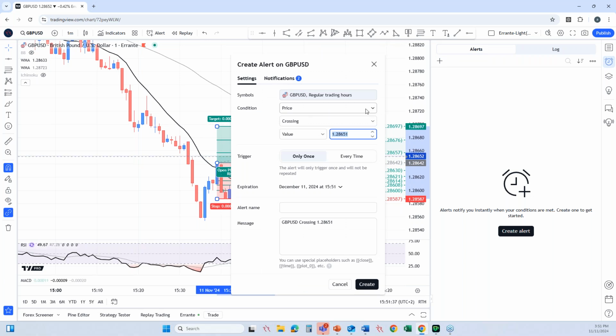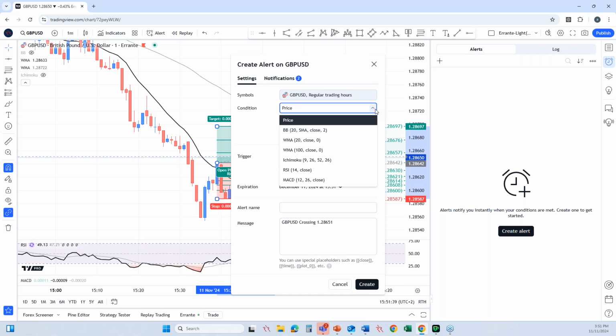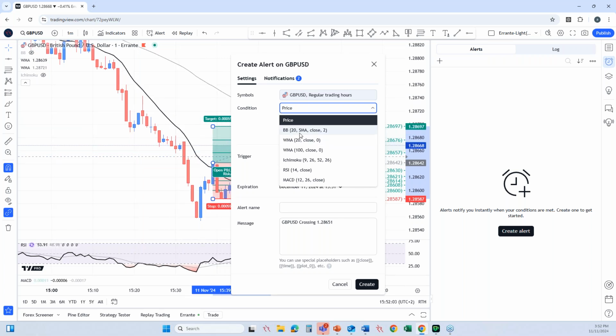And it's not just to choose a price level as a condition, it's also possible to choose one of these indicators that you have active on your chart layout, which are the technical tools that you are using on your chart. So you can also set the alert for the price hitting any of those, or even if you are looking for any kind of crossover or something like that.